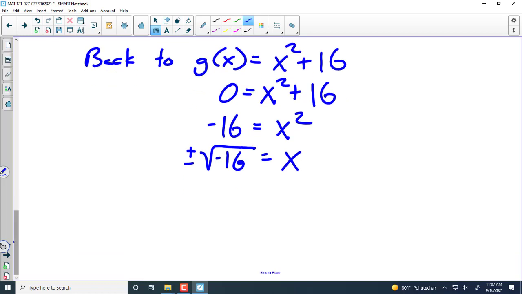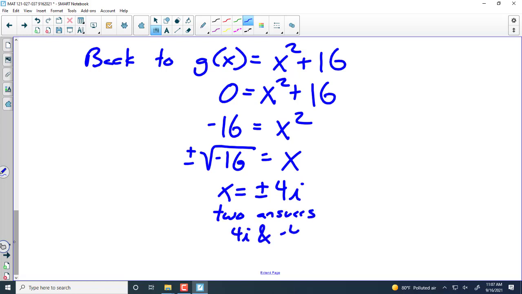So this becomes x equals plus or minus 4i. That's where we're going to see imaginary numbers come up most often in this class. When we are trying to find the numbers you can plug into a function to make it equal 0, and we're forced to take the square root of a negative.